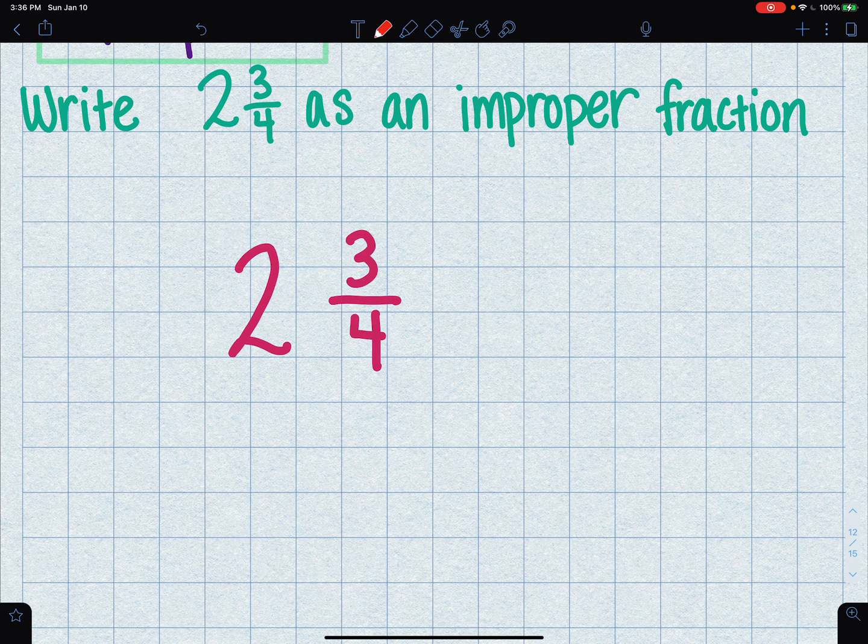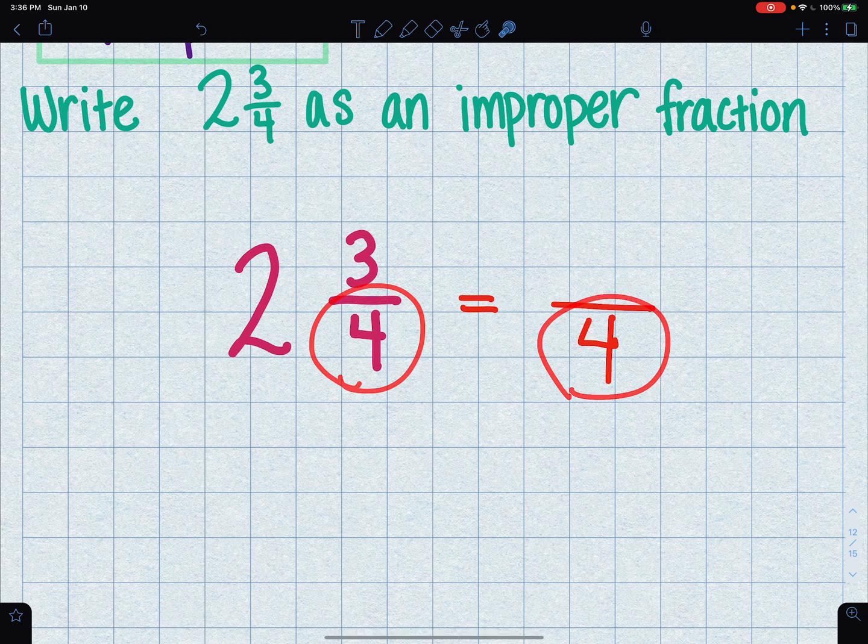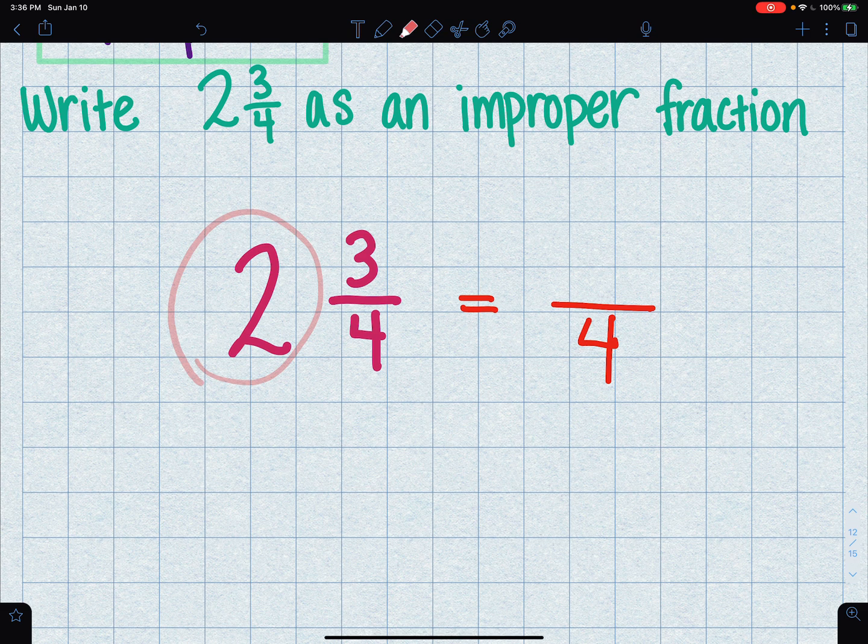Write 2 and 3/4 as an improper fraction. So remember that whatever your answer is going to be, it's going to be something over 4. So if you get that much, you've learned that much of it so far, okay? Now, to figure out what number goes on the top, we change this whole number into fourths. How many fourths?